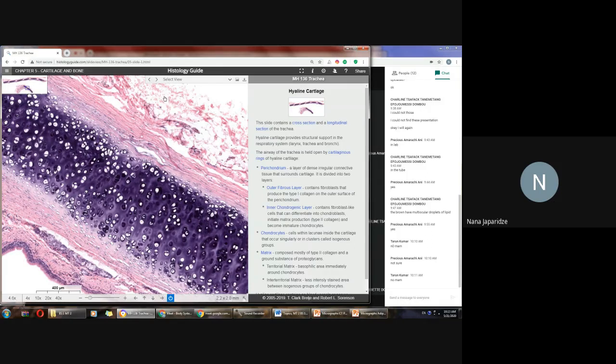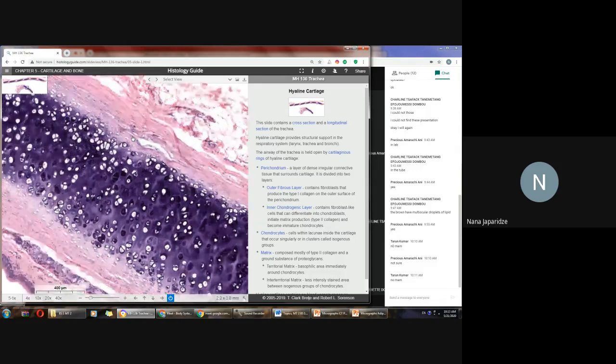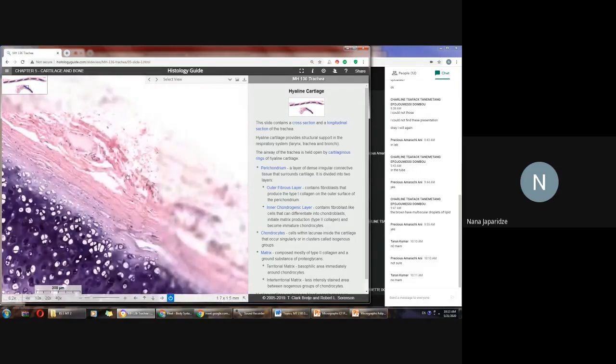Here you can see the dense connective tissue. Look, can you see it? Look, this one. Dense connective tissue with collagen fibers arranged in one direction. And look, magnify this.